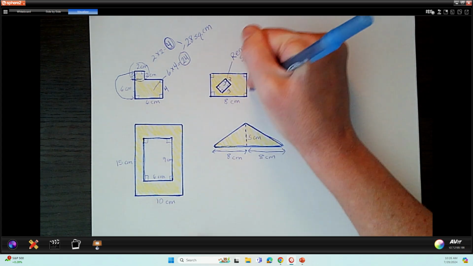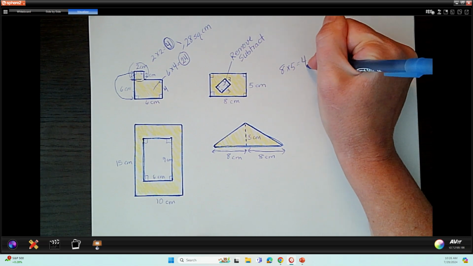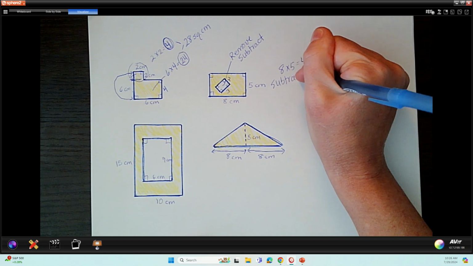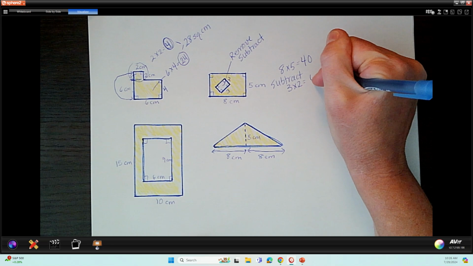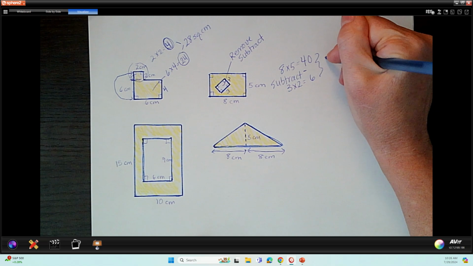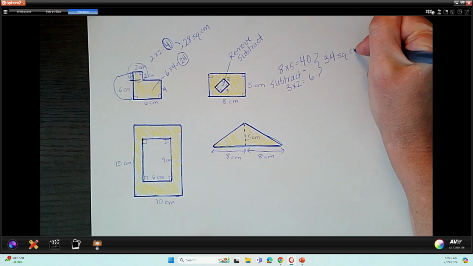So I know the total is 8 times 5, which is 40. And then I'm going to subtract the smaller 3 times 2, which is 6. And 40 minus 6 is 34 square centimeters.